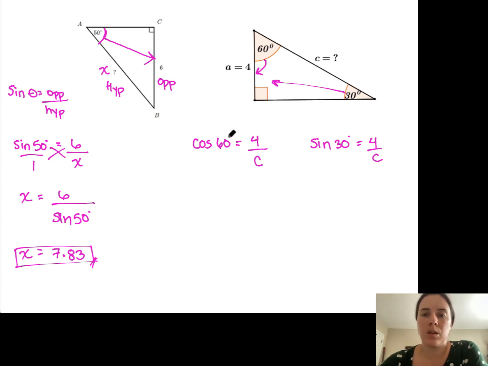So one thing that I want you to notice is that the cosine of 60 is the same as the sine of 30. So that's a fun little factoid about complementary angles inside of a right triangle, is that the cosine of one is equal to the sine of the other. So one way that we can actually write that is that the cosine, let's call this one theta, the cosine of theta is equal to the sine of 90 minus theta.